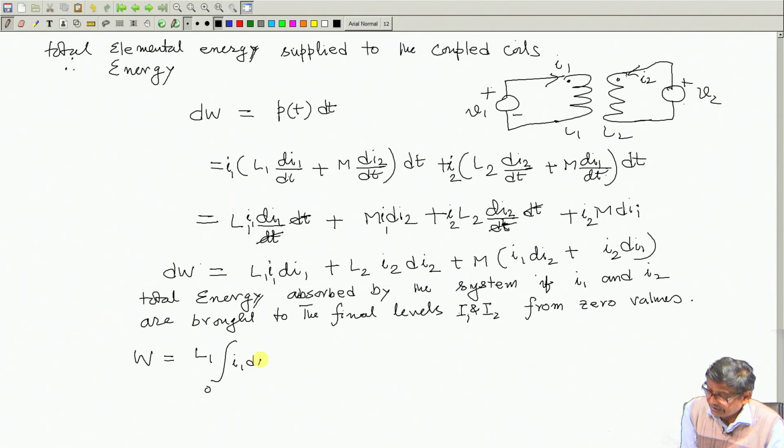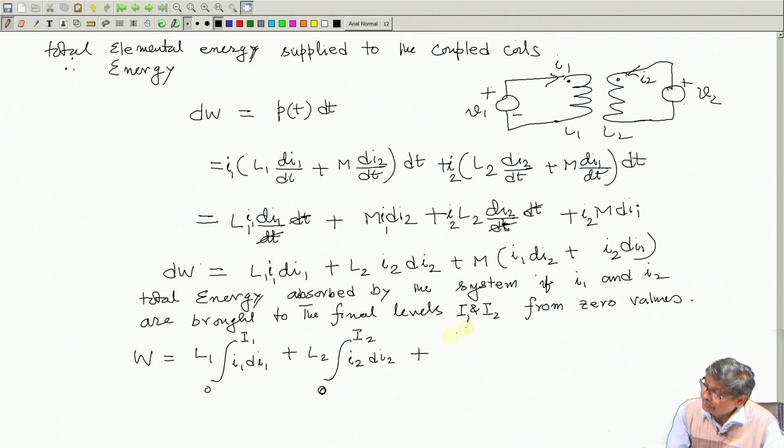So, I must write the limit of I1 from 0 to capital I1, fine. Similarly, plus L2 I2 dI2, I have to integrate, and the current is from 0 to capital I2.